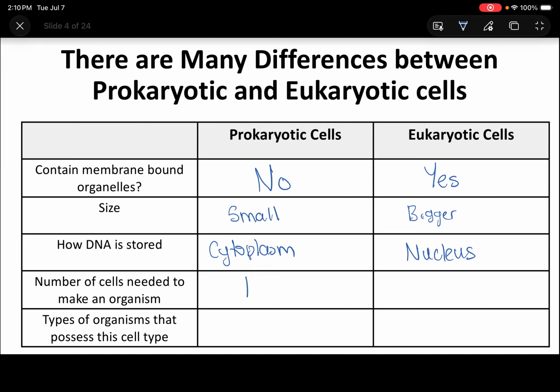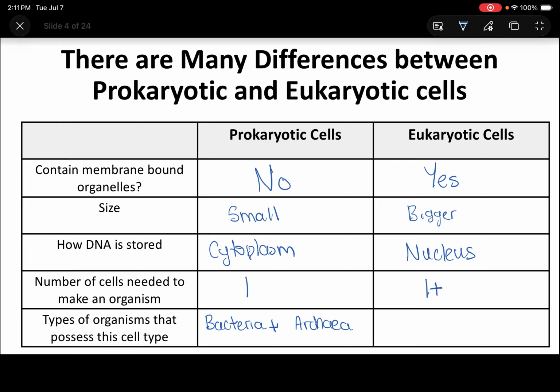There are some examples of multicellular prokaryotes, but most prokaryotic cells are single-celled organisms. There are some single-celled eukaryotic cells, but most eukaryotes we think of are multicellular. So as I said, humans are a multicellular eukaryotic organism. The types of organisms that we consider prokaryotes are bacteria and a group called archaea.